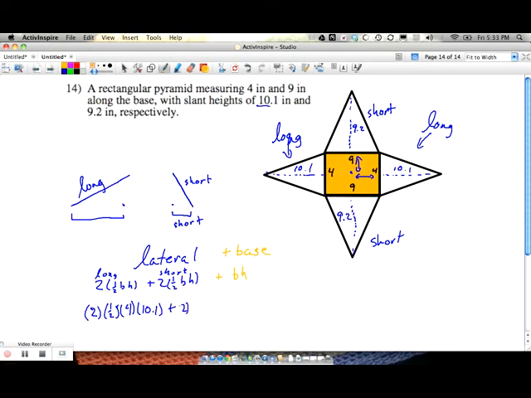So it's going to be plus 2 times 1/2 times 9 times 9.2. And we're going to add to that the area of the base, which is very easy. Just base times height, which is 4 and 9 multiplied together. And that's it. That's the work for these.